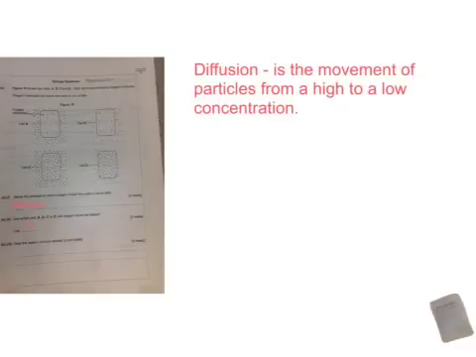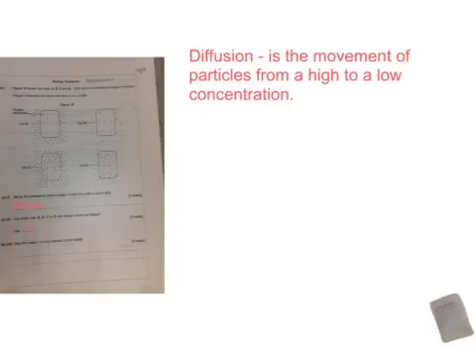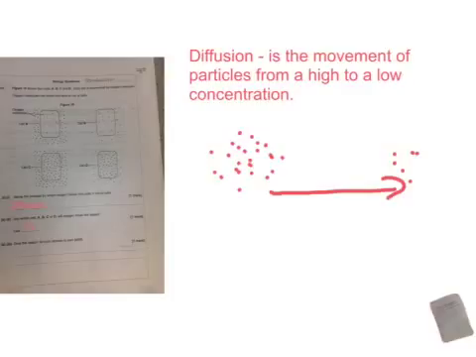So what this essentially means is if we have got loads and loads of particles, which I'm going to draw now, so we've got loads of particles in one place, so we've got loads and loads of oxygen particles here, or molecules, and we've only got a few here. What will tend to happen is those particles will move from the area of highest concentration to the area of lowest concentration.